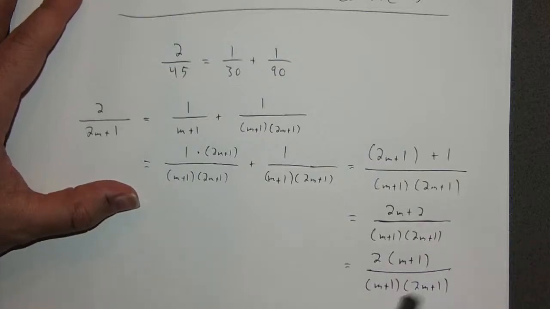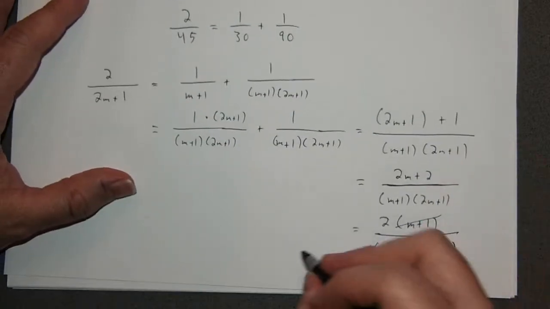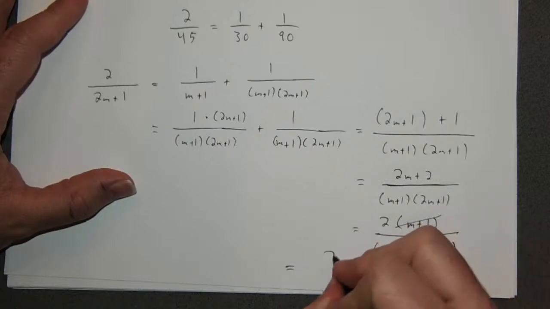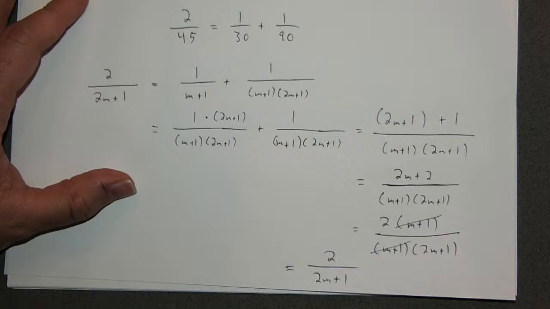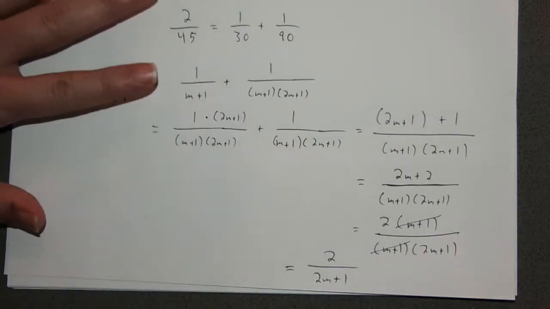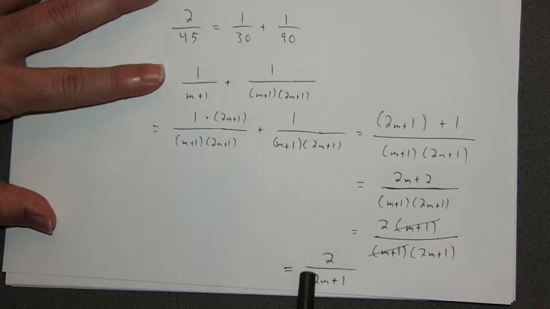Now I have this common factor of m plus 1 in the numerator and denominator, and what I'm left with is 2 over 2m plus 1, which is indeed the fraction that I claimed this was. So if we just began with this fraction, we see this is 2 over 2m plus 1.